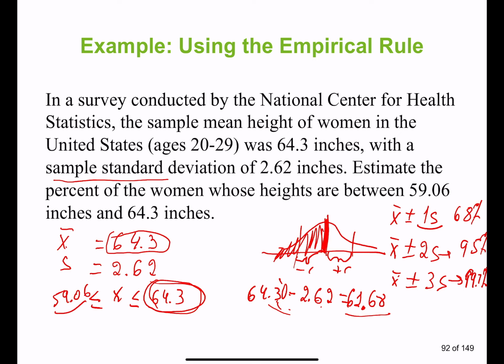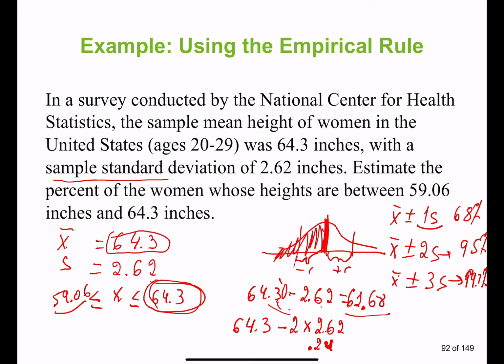All right, checking the next one. 64.3 minus twice 2.62. So let's understand. 2 times 2.62 is going to be how much? 2 times 2 is 4. 2 times 6 is 12.